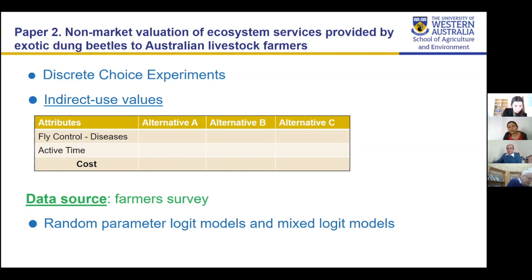Michael, you want to raise your question? Everybody's piling in on exactly the same issue. Merit's just put a comment in. I think it's the question that with your DCE, you're saying it's to get the indirect values, but potentially you're going to get the direct values as well. They're going to express their values for the productivity outcomes too. So it's a matter of digging out what you're actually picking up.